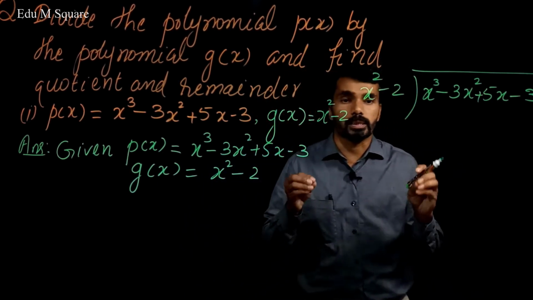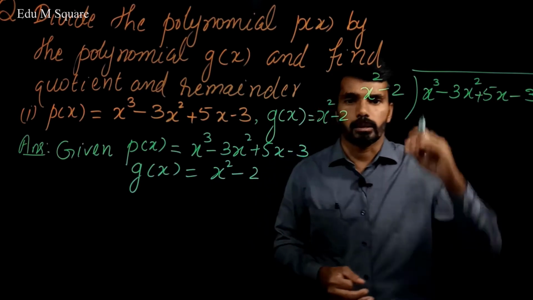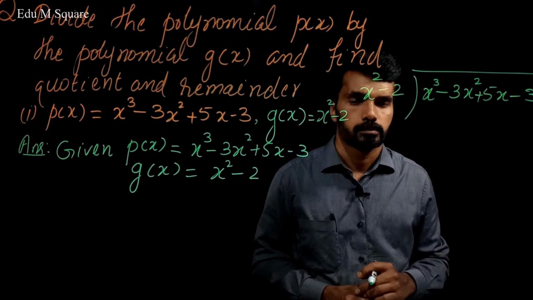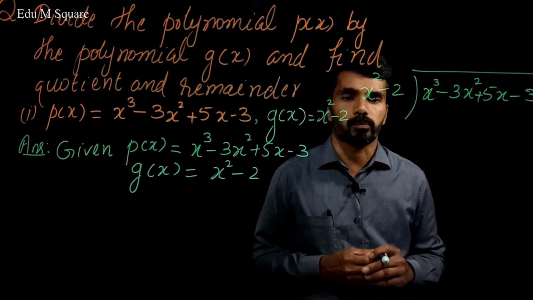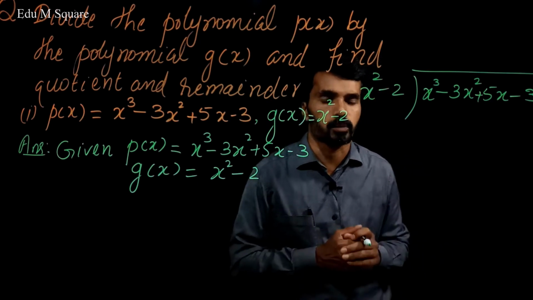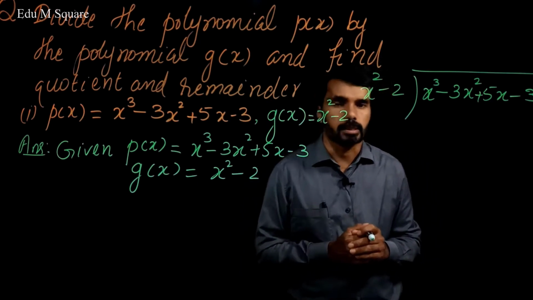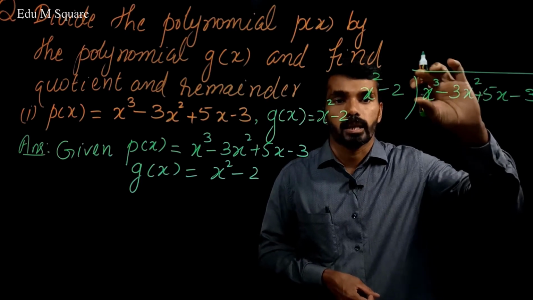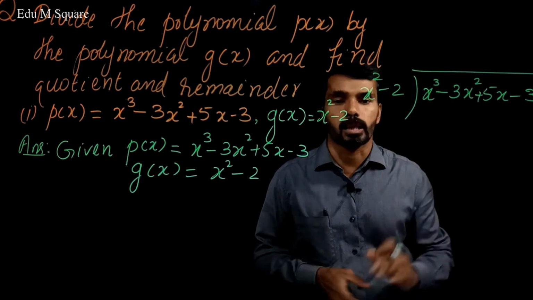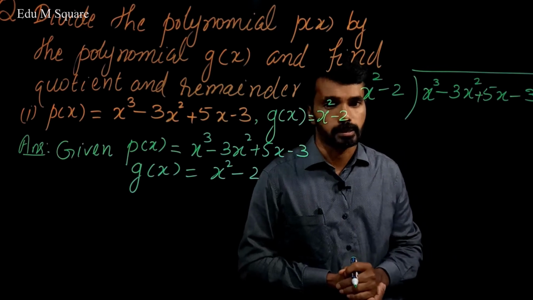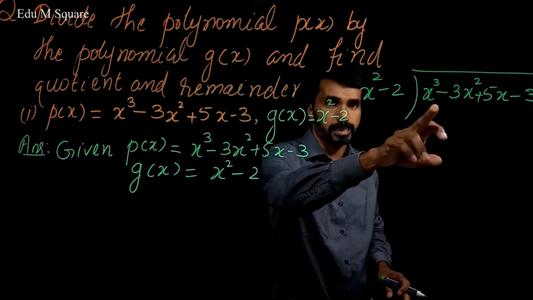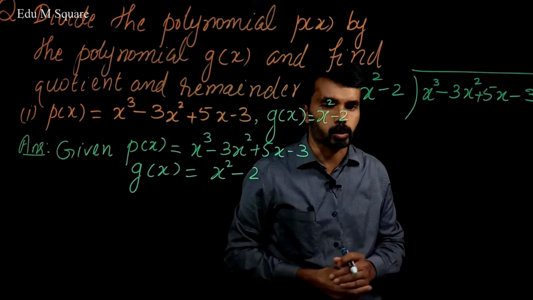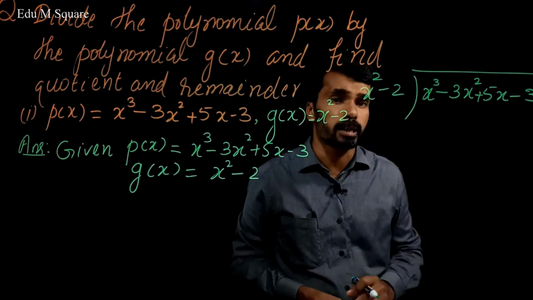We know the first step of the division. What is it? We divide the first term of the dividend by the first term of the divisor. Here it is x cube and here x square.